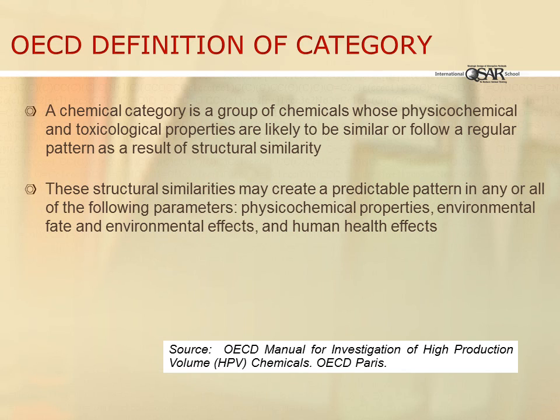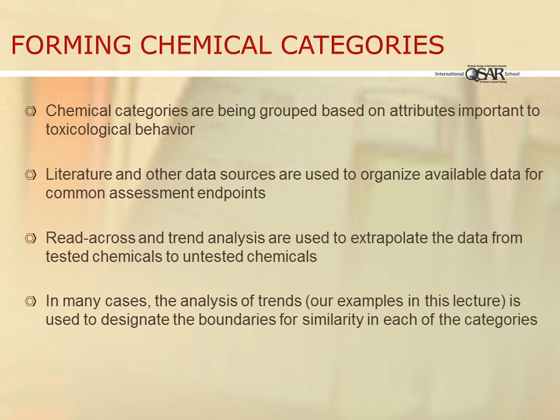To do this involves a fair amount of complex chemistry and biochemistry, and that is the purpose for developing a QSAR application toolbox. To recap, forming chemical categories, these are grouped together based on attributes important to toxicological behavior.